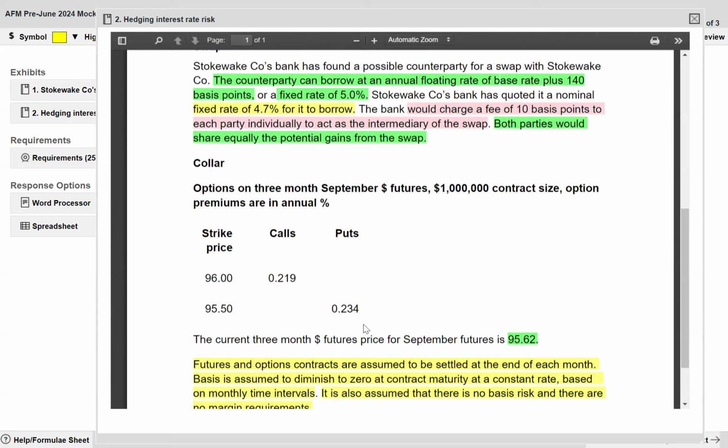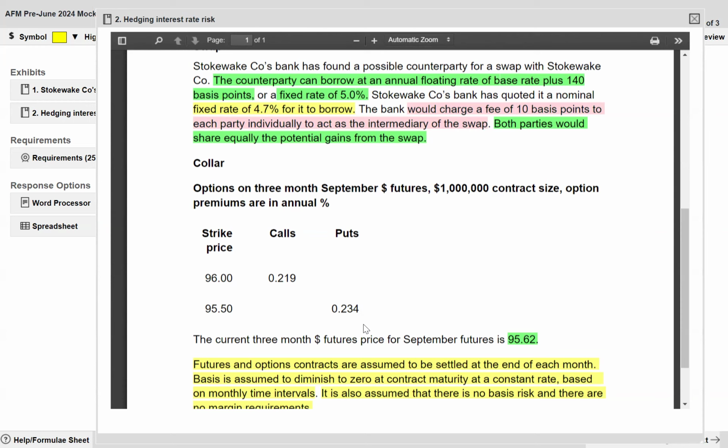So now, after knowing that that's what is going to happen, we need to first know how many contracts, because remember these options and futures are usually given in contract sizes. Since these options and futures usually are for a 3-month period, you have to determine how many months you're going to borrow for, which we said is going to be 5 months. We are going to borrow after 5 months.